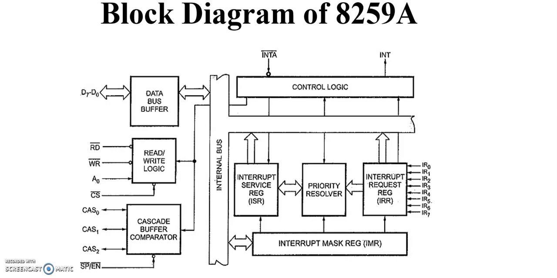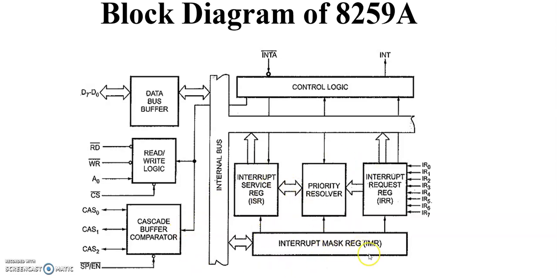Whenever the processor is ready, it sends the acknowledgement to the 8259, with the help of the control logic unit.